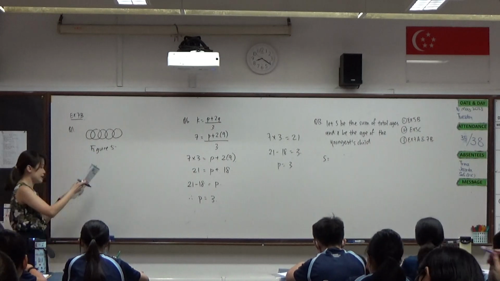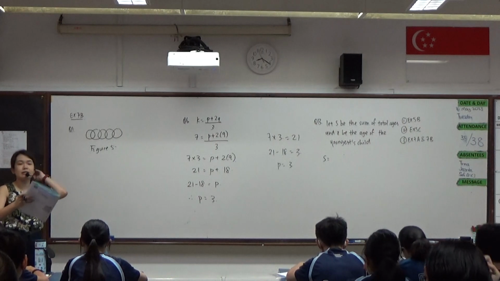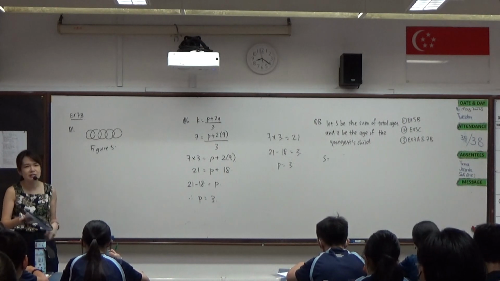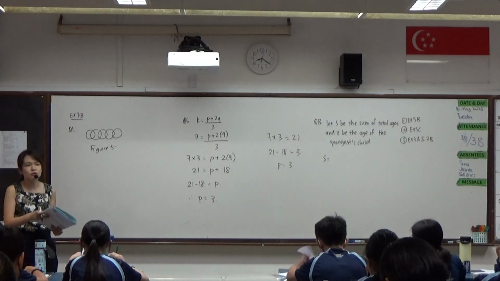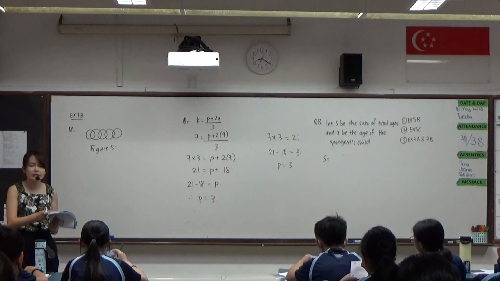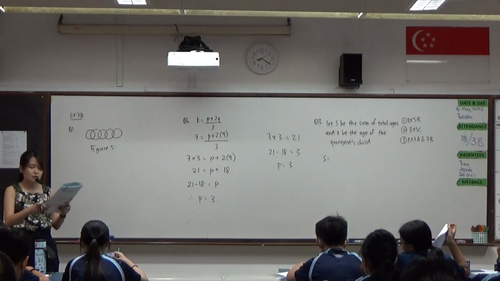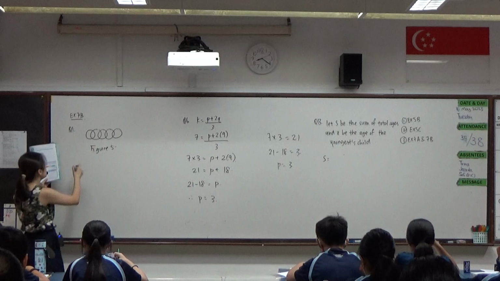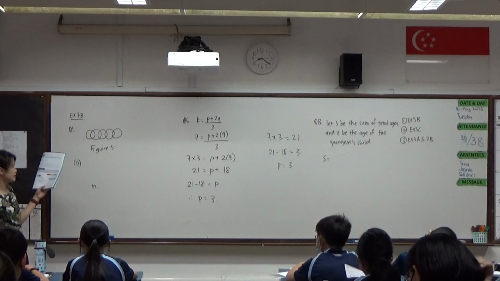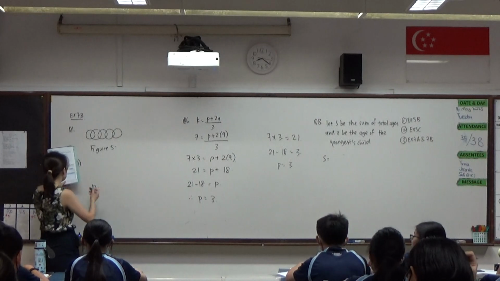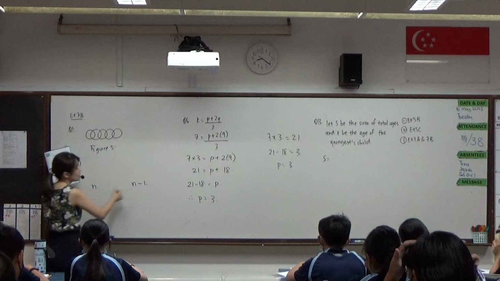Then part 2, when it comes to completing the table, the question specifically says copy and complete the table. Some of you don't know how to copy. The table itself is all over the place. The worst is no table, just numbers. Also, for figure number n, the number of intersections should be n-1.